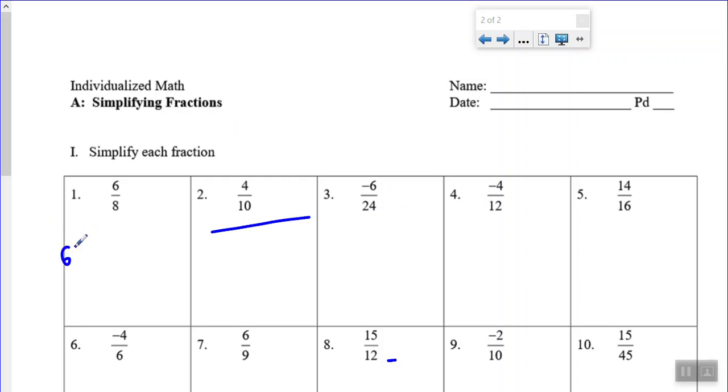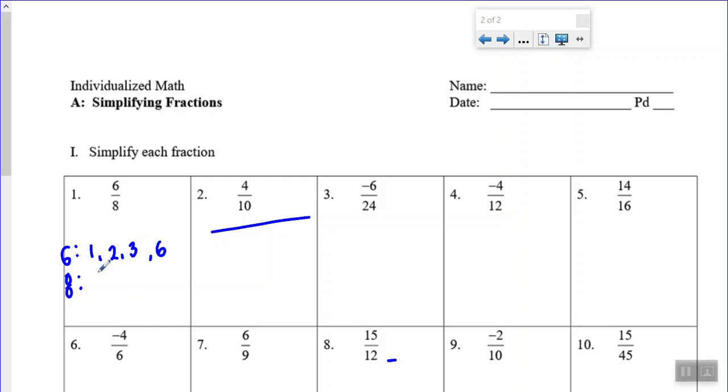So first thing, you have to find the GCF of the numerator and the denominator. You can use the factor table we did. So let's find factors of 6. You always have 1 and 6, the number itself, and then 2 times 3 makes 6.